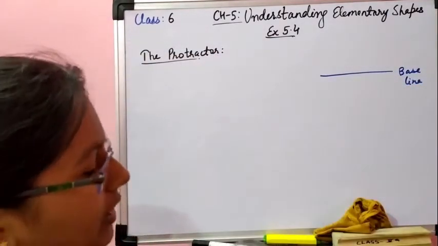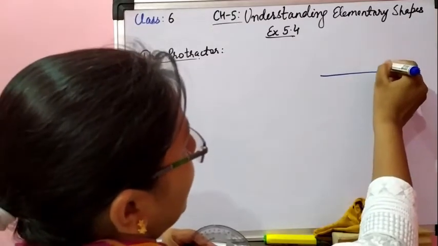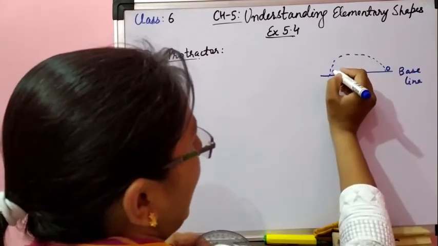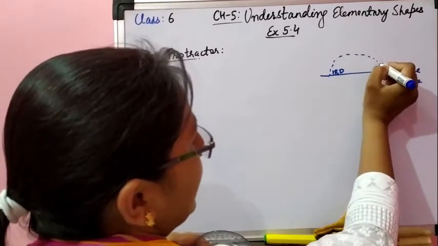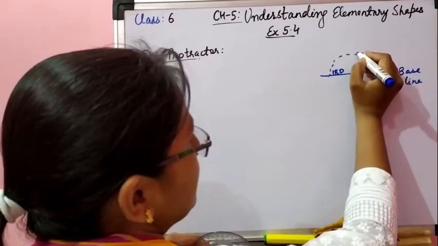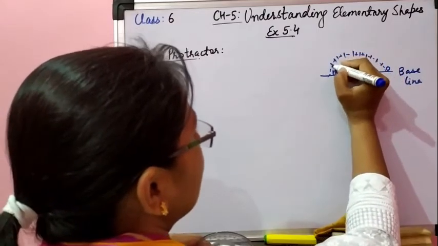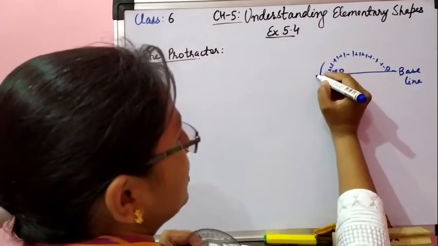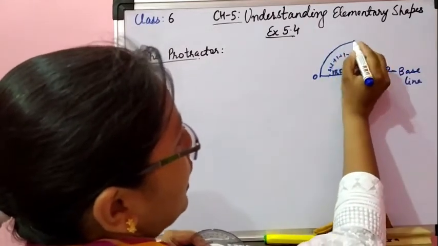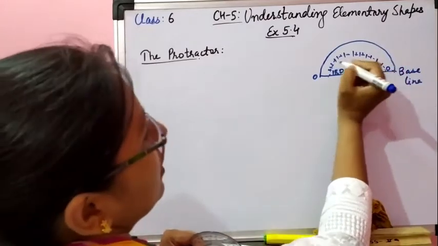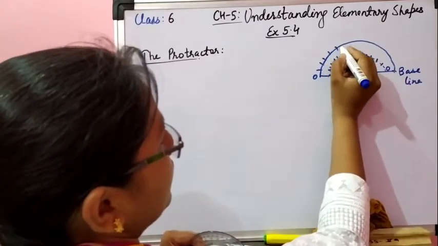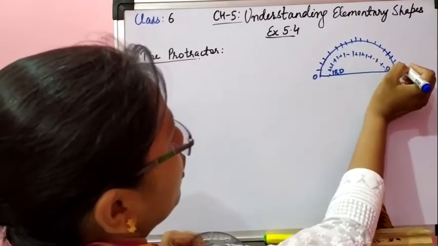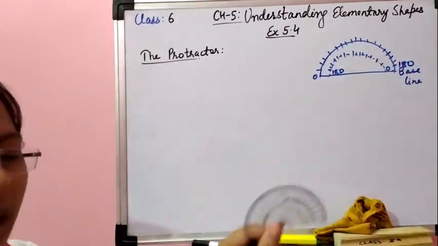And in all protractors you will see that at one place 0 is written here, and then it is 10, 20, 30, 40, 50, 60, 70, 80, 90, like that till 180. Okay. And on the other side 0 is starting from here, and then it is the same: 0, 10, 20, 30, 40, 50, 60, 70, 80, 90, like that till 180. This is present in all protractors.